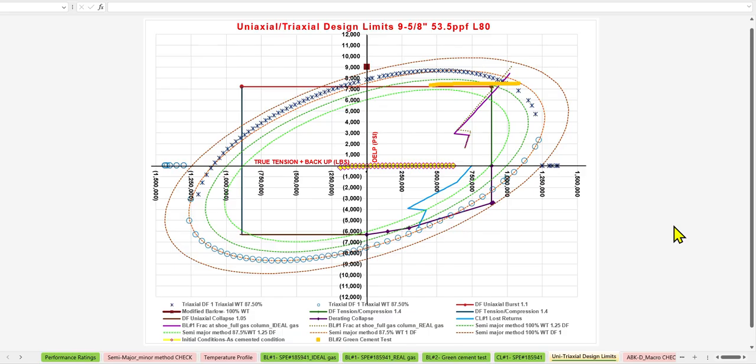And again, I think the most difficult part is calculating the gas hydrostatic pressure. We simply included a macro to calculate the internal pressure profile of a casing originating from a gas column.